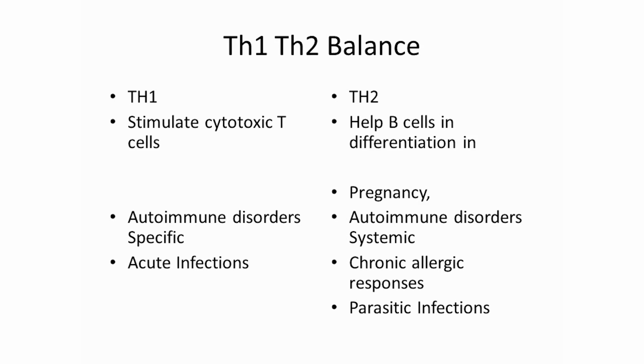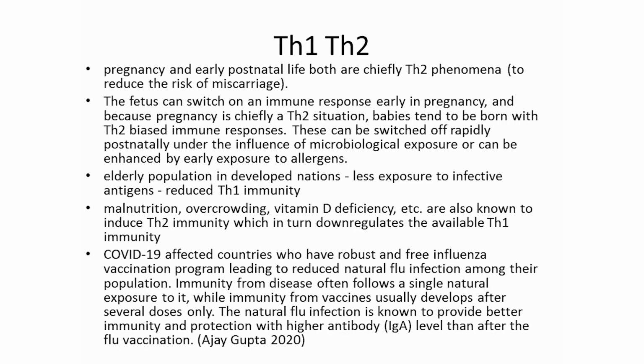In parasitic infections, you see the Th2 pattern. Consider the naturally delivered baby, how he or she is having immune responses, and how the immunity of the LSCS, the cesarean section born babies, is. So why is the difference there?